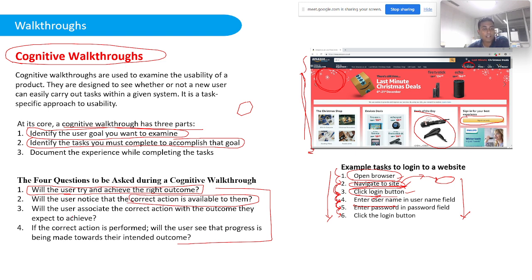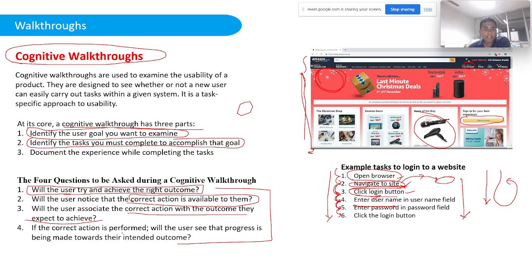Similarly, you can ask whether the user associates the correct action with the correct outcome. That means whether he is able to do a particular task efficiently, or he performs it differently, which is not the ideal way of reaching the outcome.